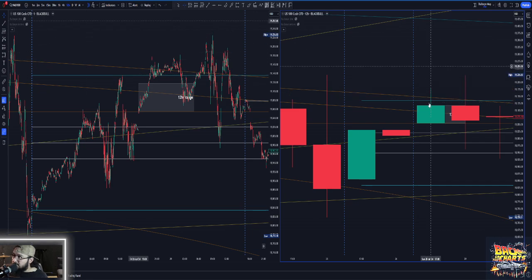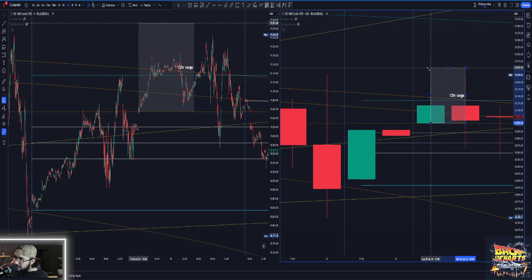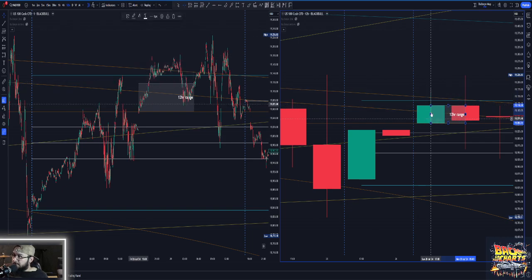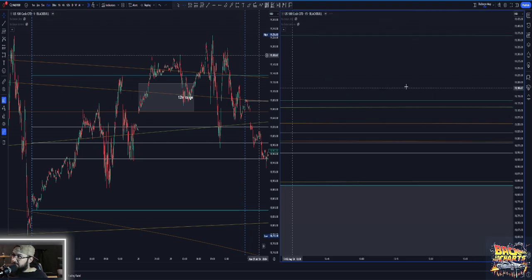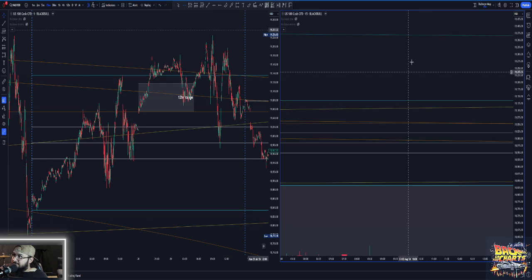So what I want to do is make a rectangle on the body of that 12-hour candle, not the wick, the body. If it was the wick, it'd be up here. But we're going to go to the body, the open and the close. All right. Now, we can go to the 15-minute time frame.